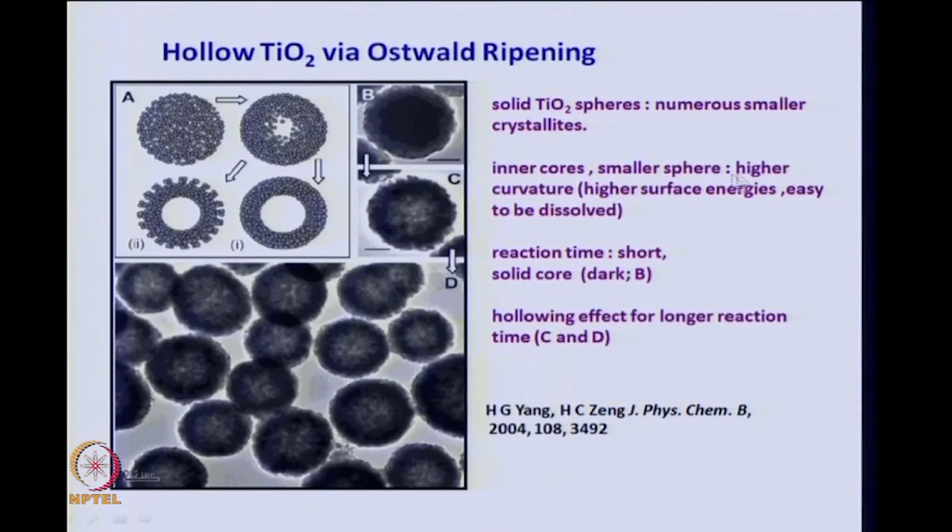So, the higher curvature gives higher surface energy and is easier to dissolve. So, the inner cores dissolve first and the outer cores are present, and this is a model, and this is what is seen in experiment. You see the inner cores are dark here, and then it becomes lighter, and so this is a process by which you get this Ostwald ripening to give rise to these particles.